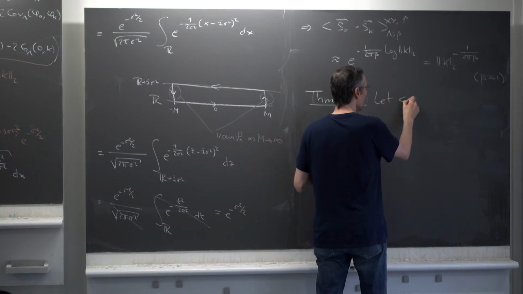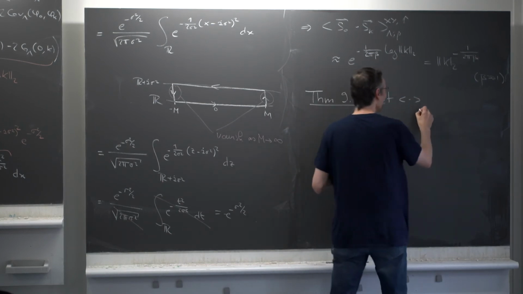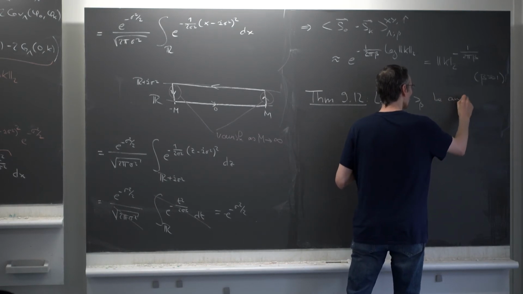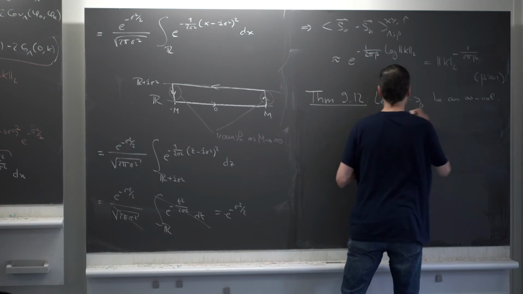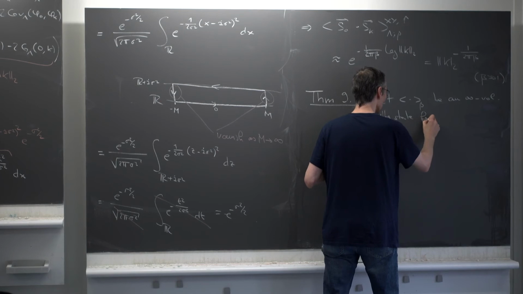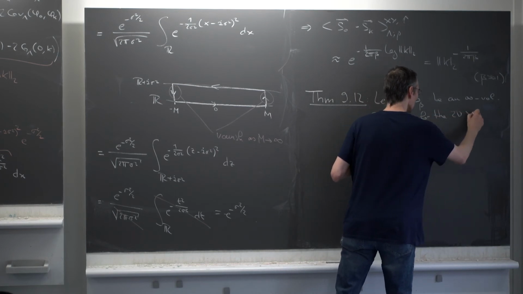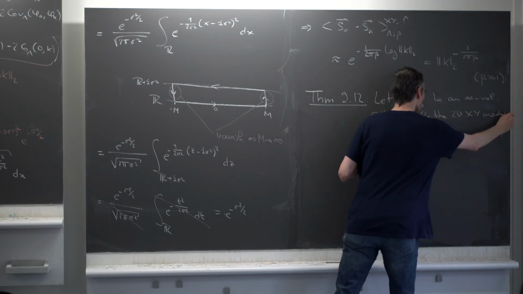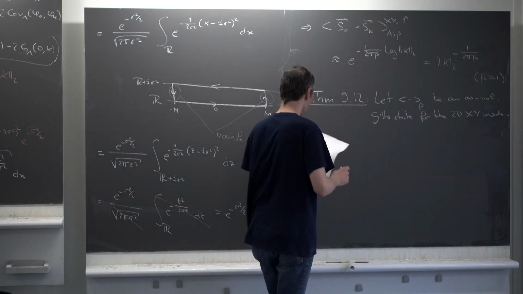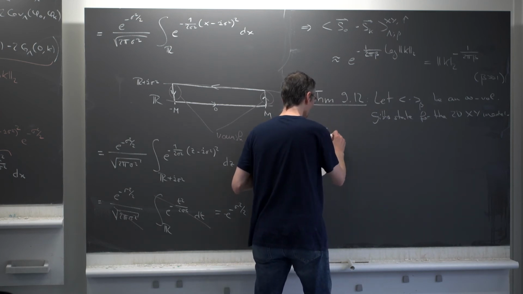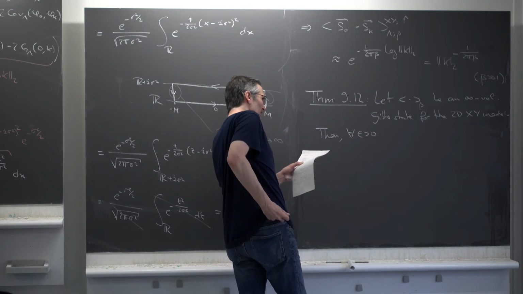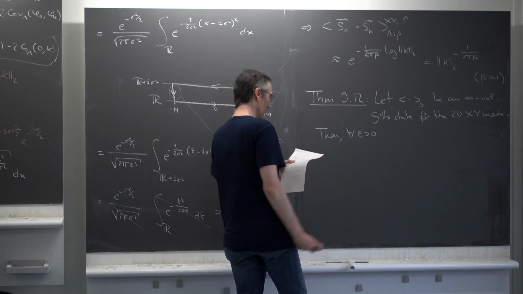So let's consider any infinite volume Gibbs state for the 2D XY model at inverse temperature beta. Then, for any epsilon positive, you can actually do a bit better than what I'm stating, but I want to minimize computations.